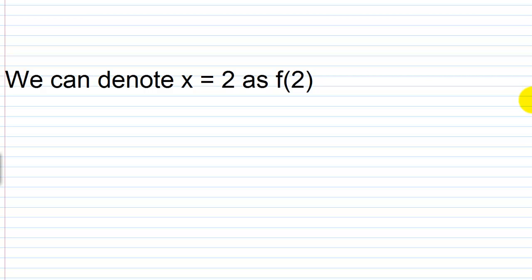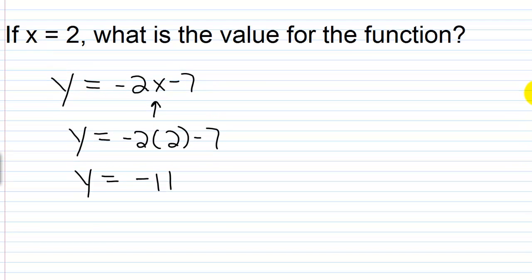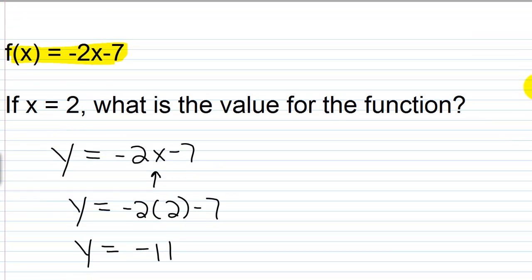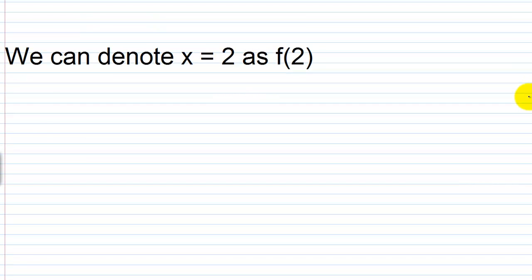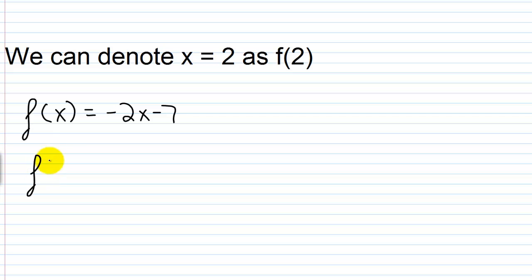So basically the way we would write this, our function is f of x equals negative 2x minus 7. And if we want to know the function's value if x equals 2, the way we do that is we write f of 2 equals negative 2x minus 7.